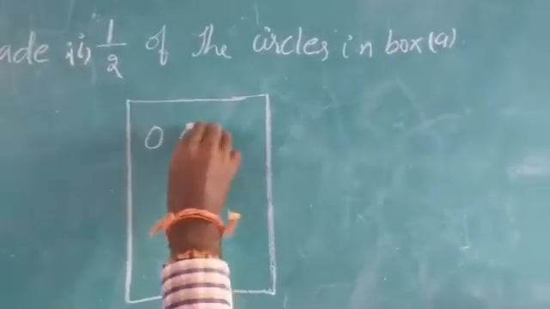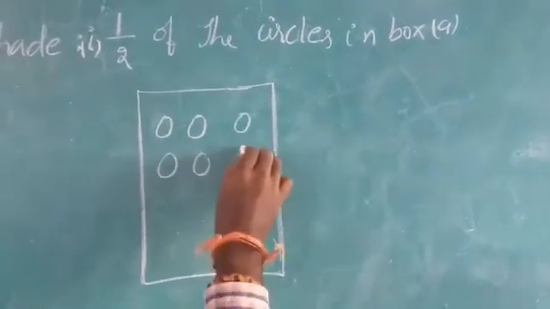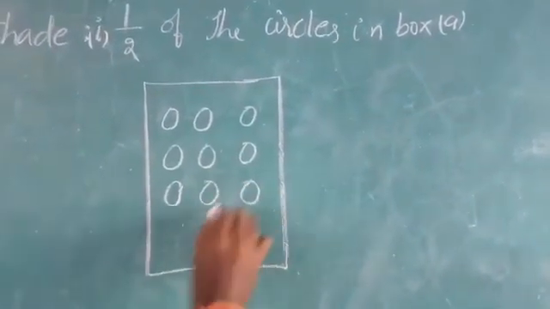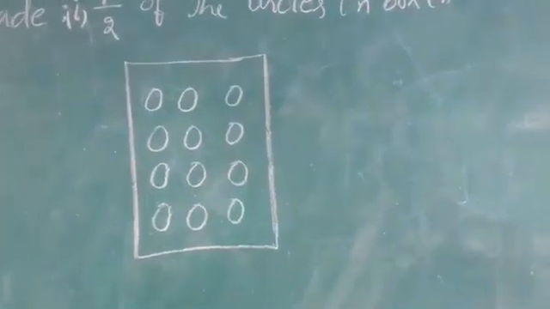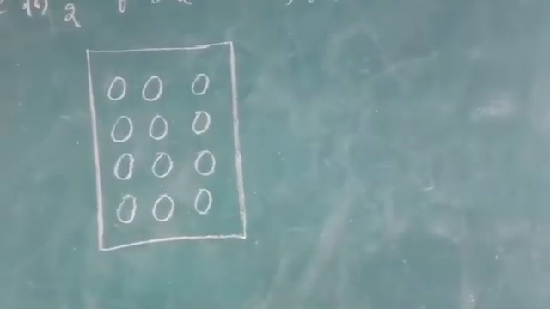One, two, three. 1 2 3. 1 2 3. 1 2 3. This I would like to explain, and I would like to explain the fourth one.